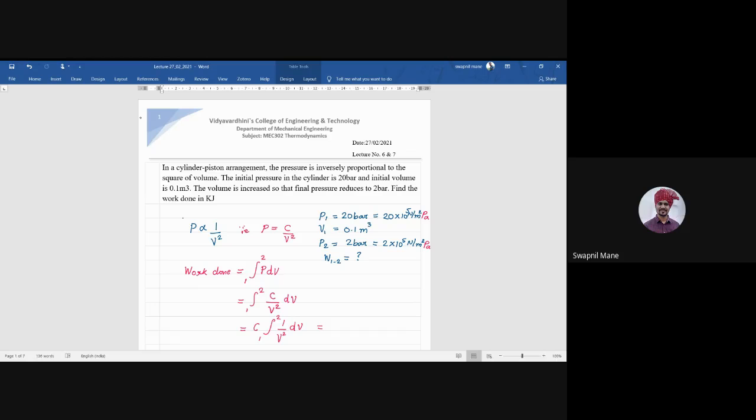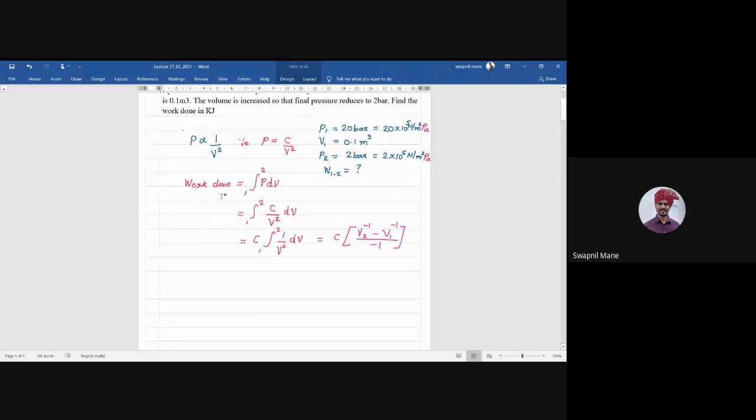Right? So it will become, with limits V2 and V1 from 1 to 2, and the minus sign will come outside. Just arranging the terms.